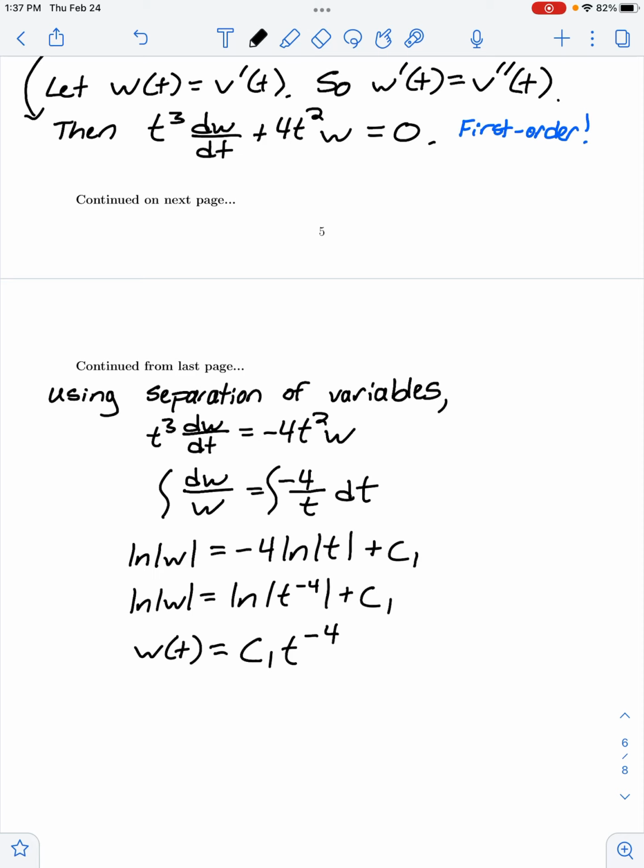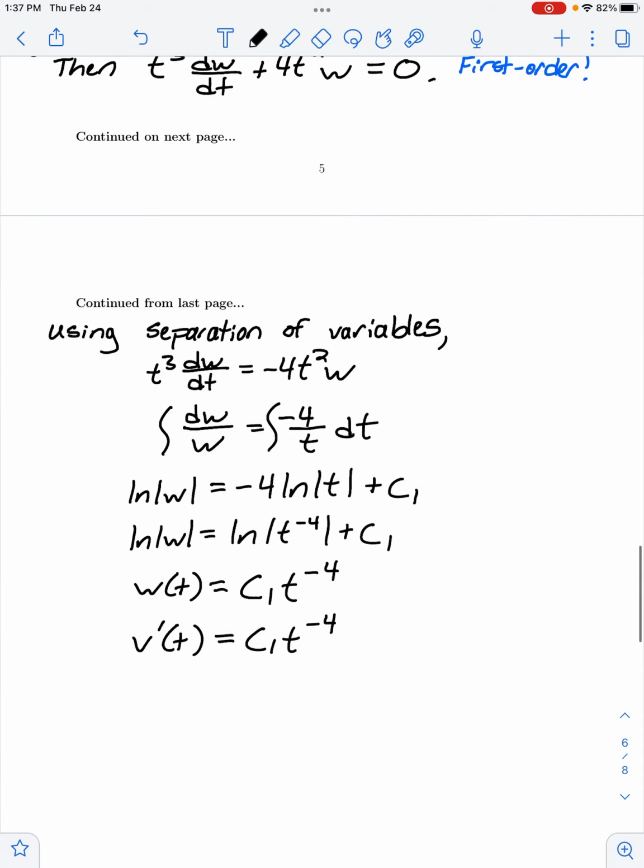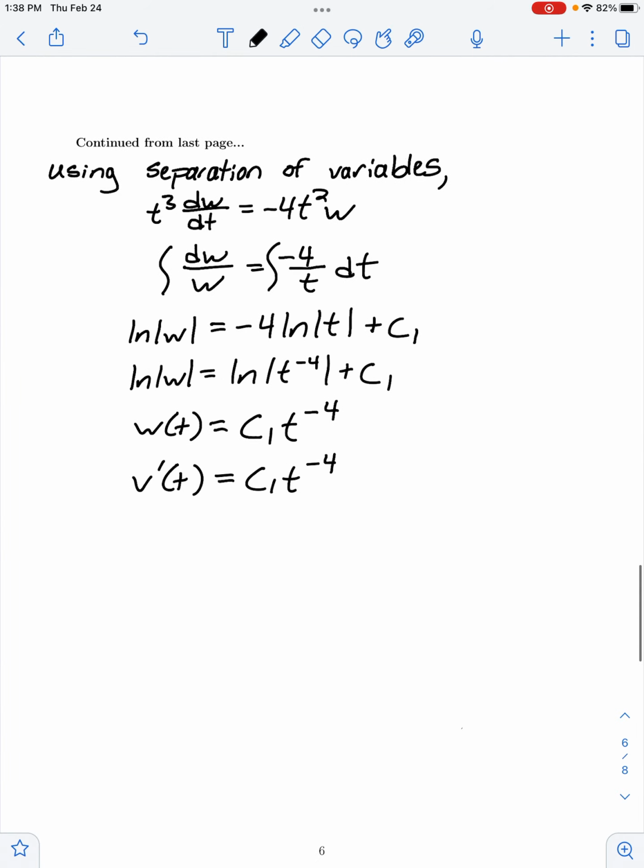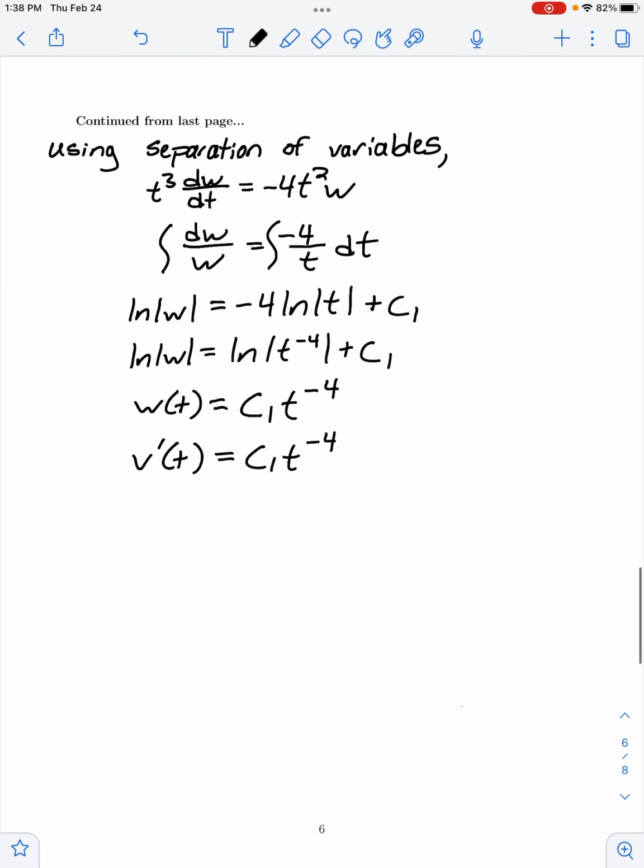So I know what w is, but recall w was the derivative of v. And I want to find v. So if I know the derivative of v, to get v itself, I would just integrate on both sides with respect to t.